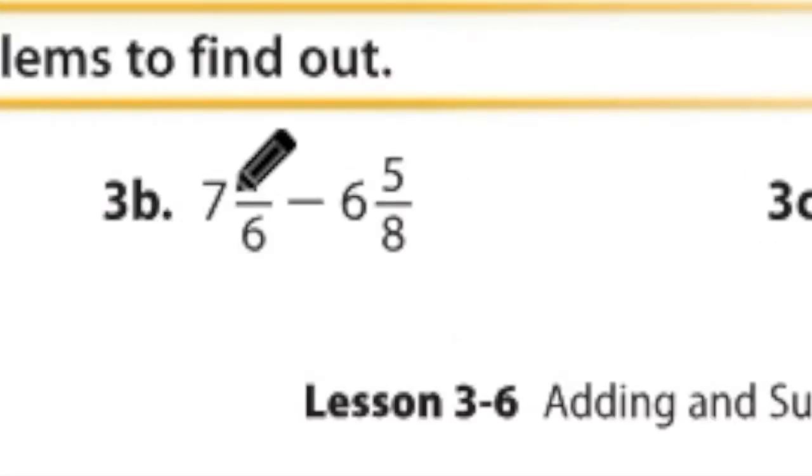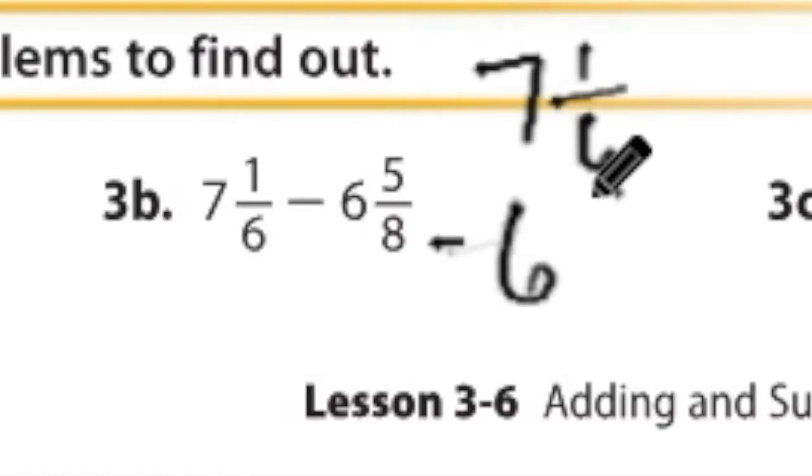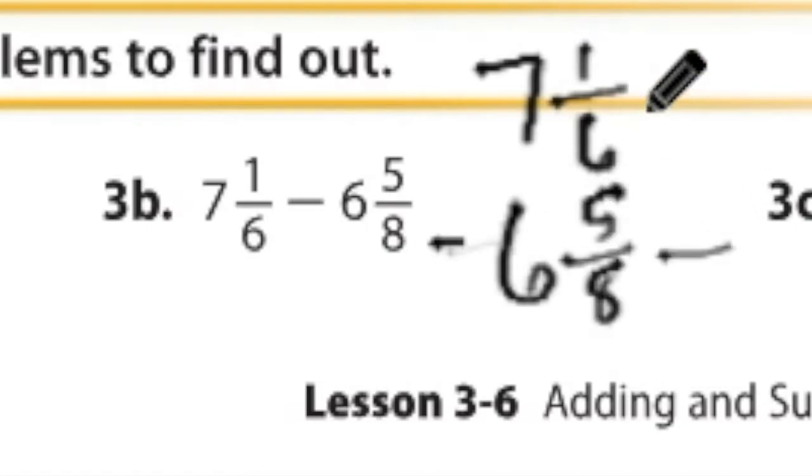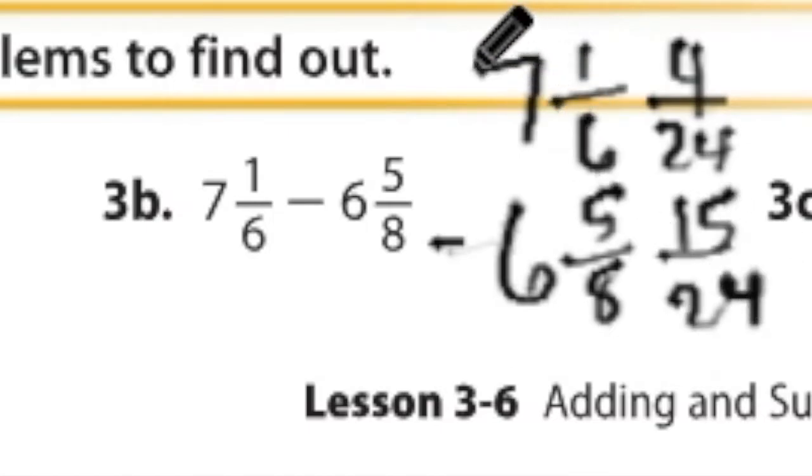On 3B, we can change these to improper. I'm going to set this up what I would call the traditional way. 7 and 1/6 take away 6 and 5/8. The common denominator for 6 and 8 is 24. So we have 4/24 and we have 15/24. And since we can't take 4/24 minus 15/24, we're going to borrow 1.